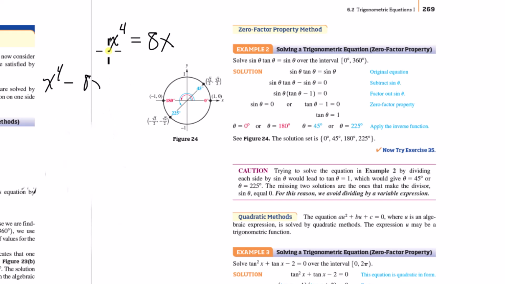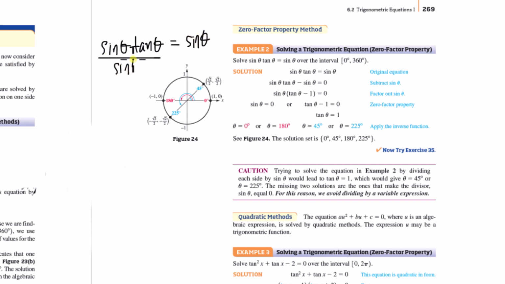So how do you recognize when this could happen? Well, we started with sine theta times tangent theta is equal to sine of theta, right? And we divide both sides by sine of theta, that's fine. But for what values of theta is sine theta equal to 0?